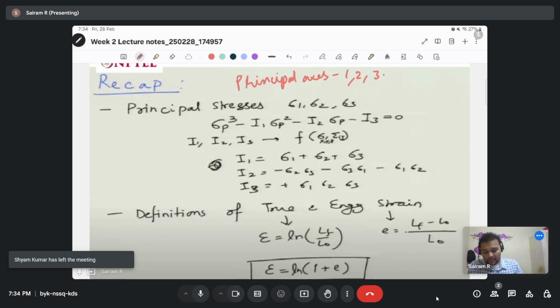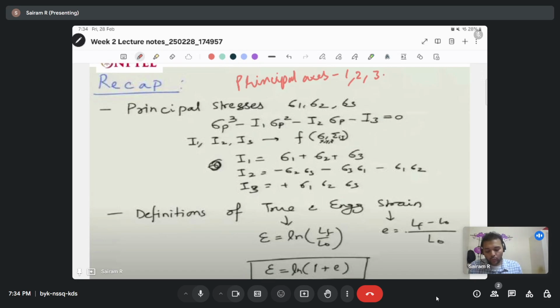Sigma p cubed minus I1 sigma p squared minus I2 sigma p minus I3 equals 0. This is the equation. When we solve this, if we are able to find I1, I2, and I3, which are invariants, using the formulas given below, we get the values of sigma 1, sigma 2, and sigma 3.